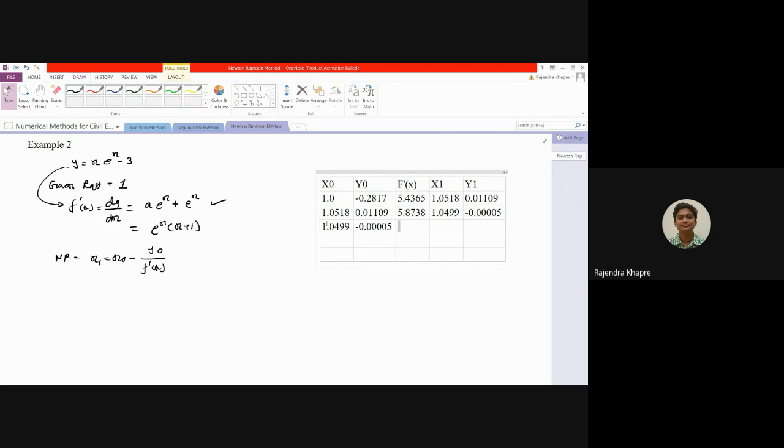Give me the value of f dash of x, and again the value of x1. Minus 0.8573. And what about x1?